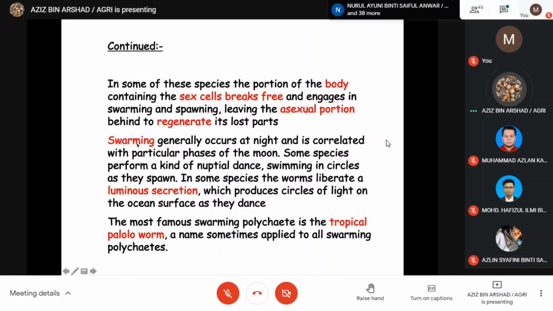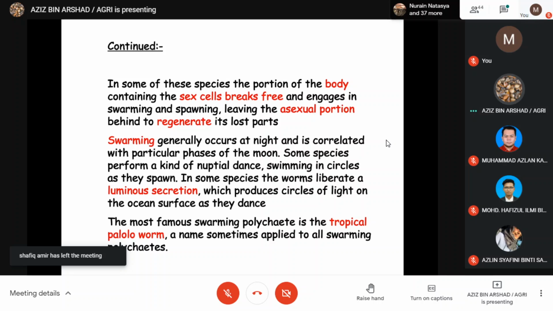Certain groups, the Nereididae, have a history of swarming, and many reports have been made about swarming of the Nereididae in certain parts of the world, especially the islands in the Pacific, such as Fiji.